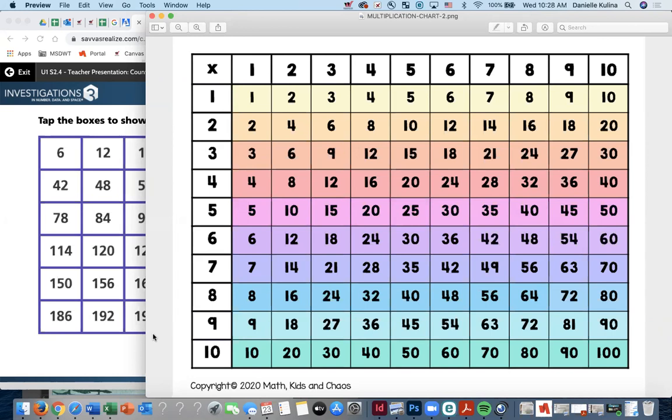Emily, I want you to write out an equation. So you got the answer right, Emily, but I want you to put 6 times 3 equals that answer. Awesome.